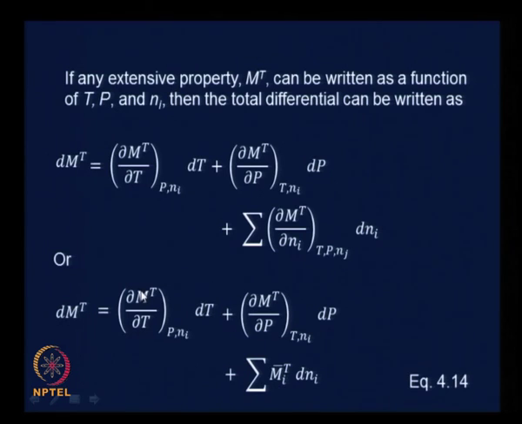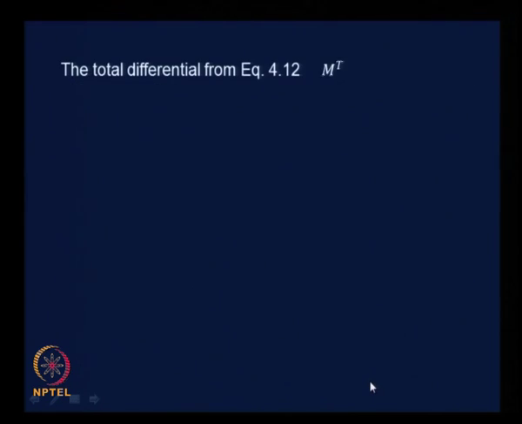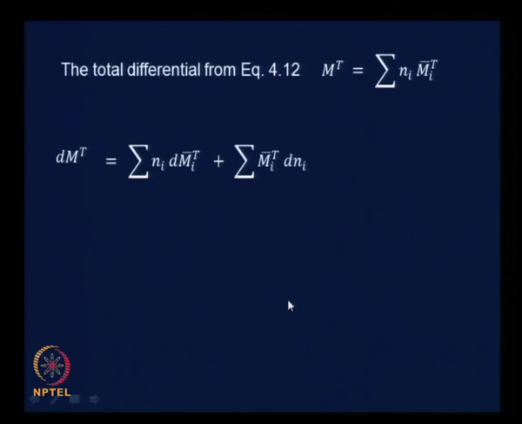Okay. I had asked you to equate ∂Mᵗ/∂T at constant P, Nᵢ dT plus ∂Mᵗ/∂P at constant T, Nᵢ dP plus summation of M̄ᵢ dNᵢ with summation of Nᵢ dM̄ᵢ plus the summation of the partial molar property times dNᵢ. If we do this, you can see that one of these terms is going to cancel out.